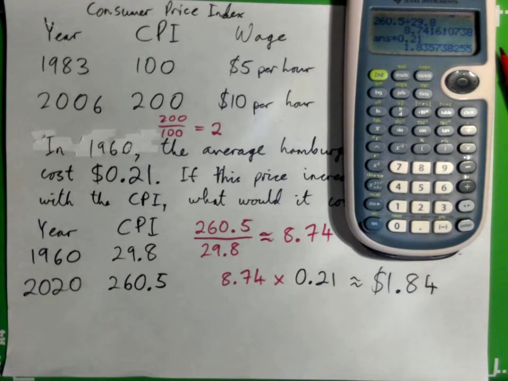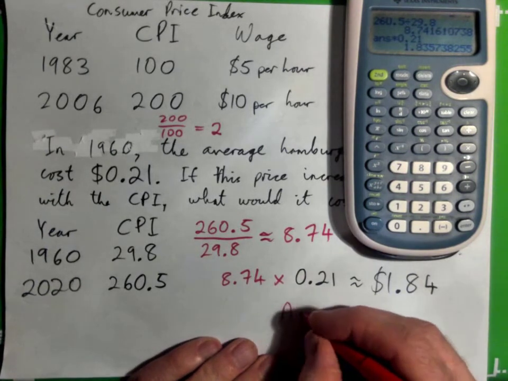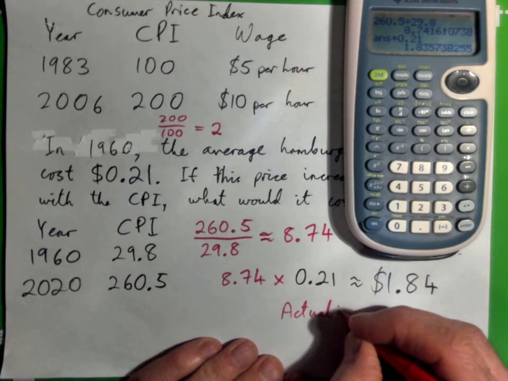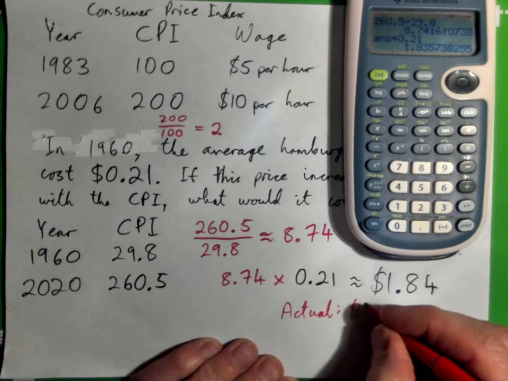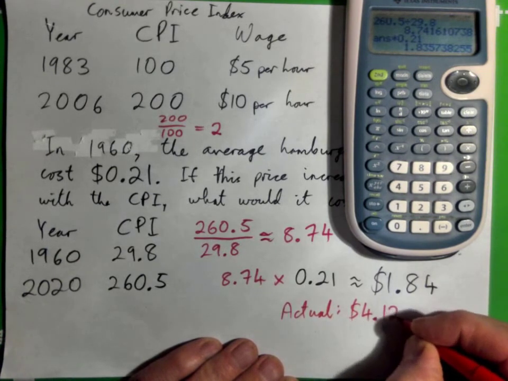Holy moly! I think it's more than that now, isn't it? Let's check online. Ooh, $4.12. So the actual cost of a hamburger in 2020 is $4.12. Look at that.